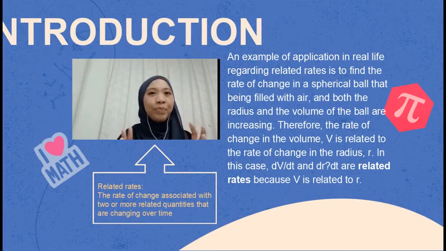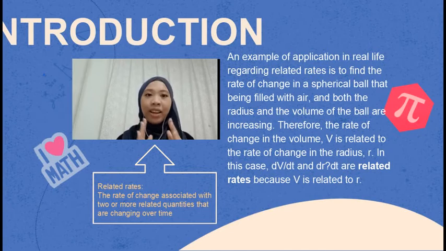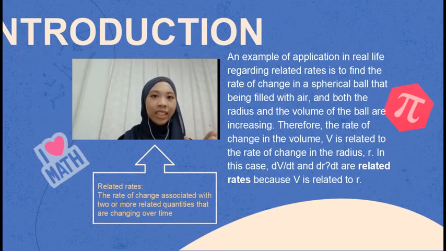For example, we want to find the rate of change in a spherical ball that is being filled with air, and both the radius and the volume of the ball are increasing. Therefore, the rate of change in volume is related to the rate of change in radius.